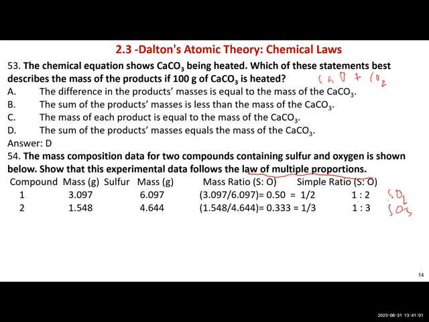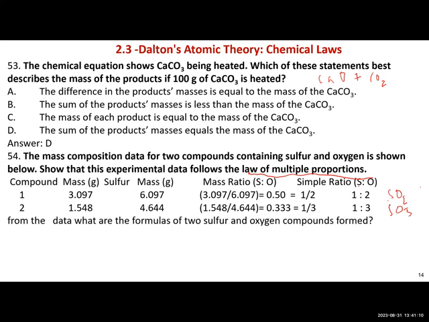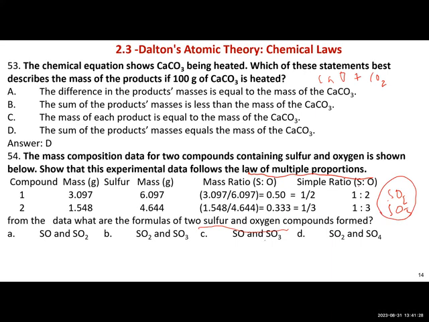Therefore, this is the law of multiple proportions. The two different compounds are sulfur dioxide and sulfur trioxide. The answer to this question, from the data, what are the formulas of two different compounds of sulfur? Therefore, the answer is this one here, B.